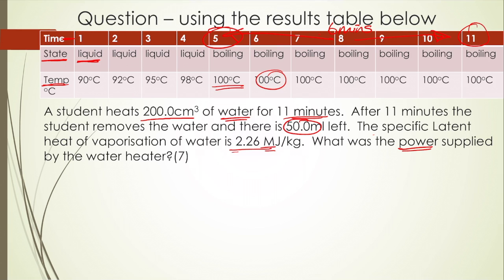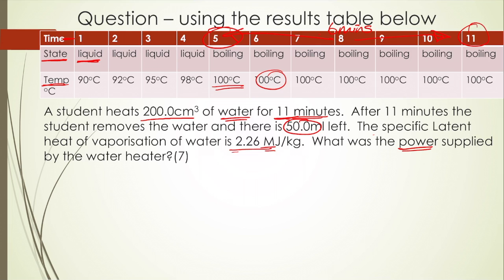So all we can do is work with the times we've got. We don't know whether it started boiling at 5 and whether it stopped exactly at 11. It's for 11 minutes. So yes, we do know that it stops at 11, and didn't carry on till the 12th minute.